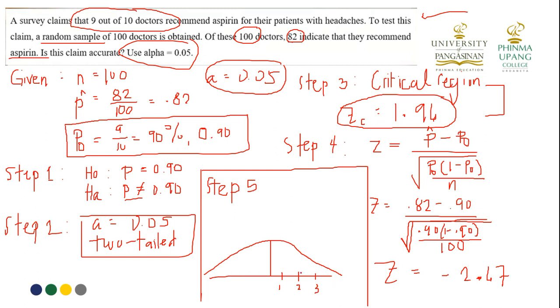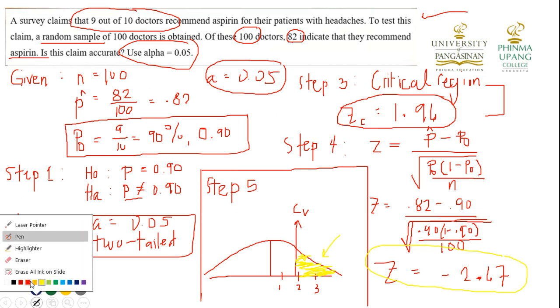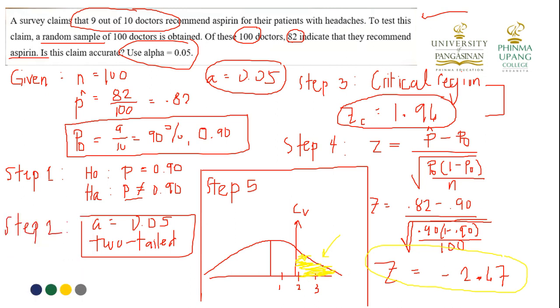So, ibig sabihin, yung 1.96 po nandito. Malapit siya sa 2. So, critical value ang tawag dyan. Tapos, yung natira dito, tatawagin natin siyang rejection area. Kapag yung Z value mo, nandyan mismo sa rejection area, ibig sabihin, i-reject daw natin yung HO.